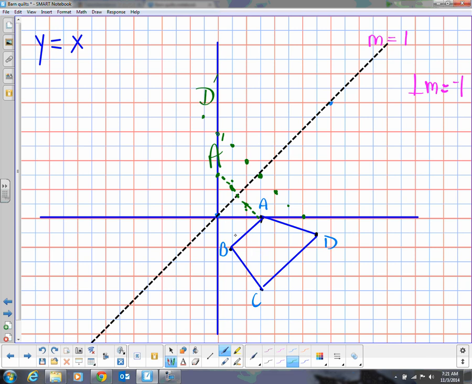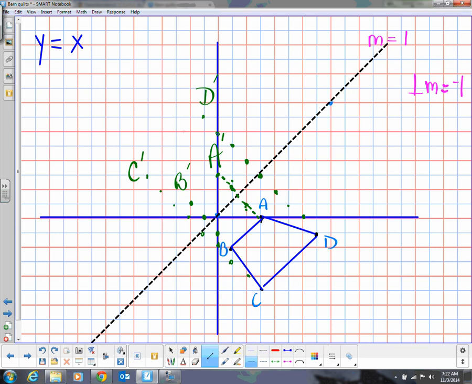So now B, we go up 1 over 1. That's equidistant there, and I need to go one more up 1 over 1. That's going to be B prime. C prime, up 1 over 1, up 1, 2, 3, 4. So 1, 2, 3, 4. There's C prime. So now I got to figure out what I'm supposed to connect.